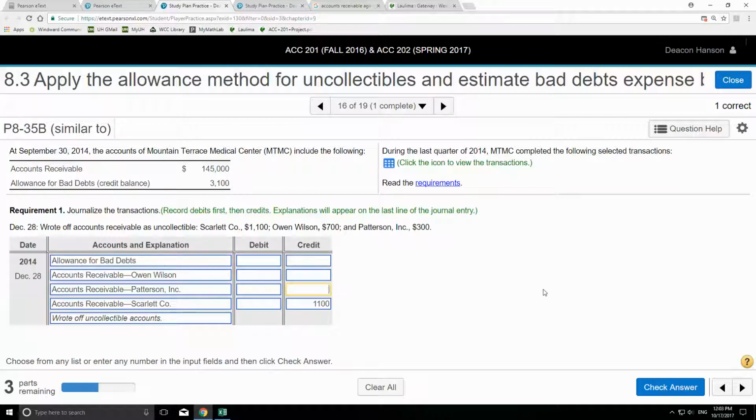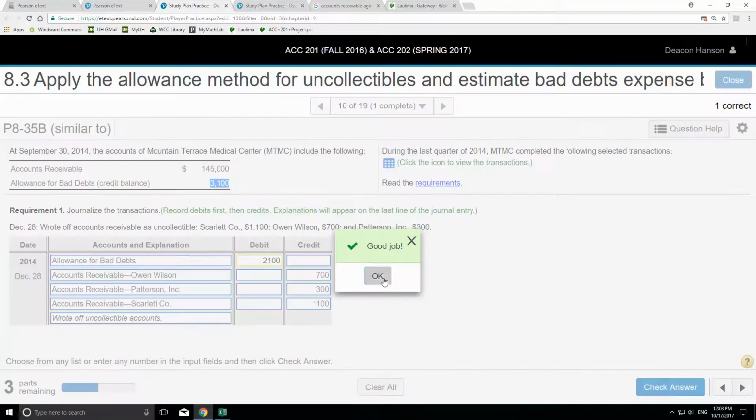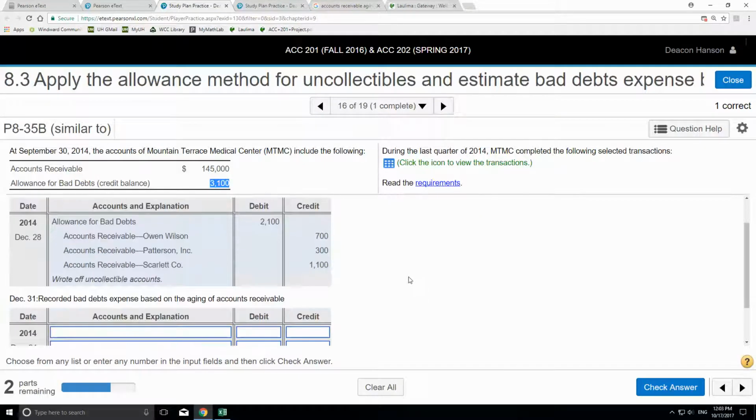Patterson 300 and Wilson 700. So I got 2,100. Okay, that's going to reduce my allowance balance. After I book this transaction, since the allowance account has a credit balance, and I'm writing off 2,100 against it, that's going to bring my 3,100 down to 1,000, because it'll be basically the difference. This is a debit. So that brings that down to 1,000.